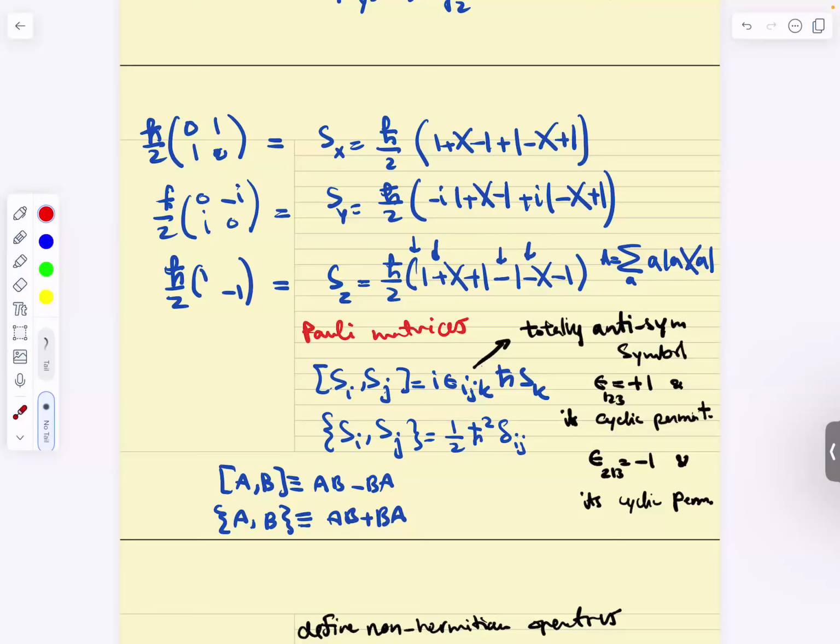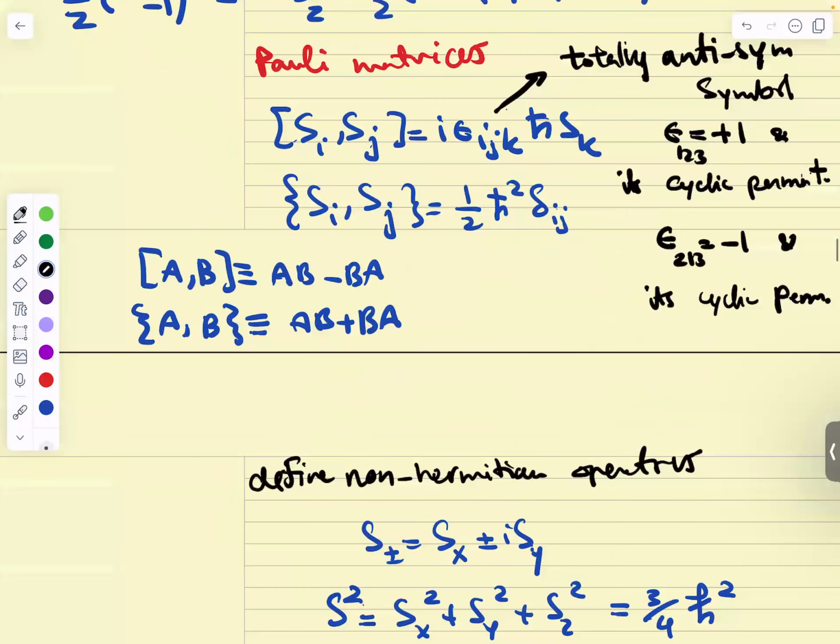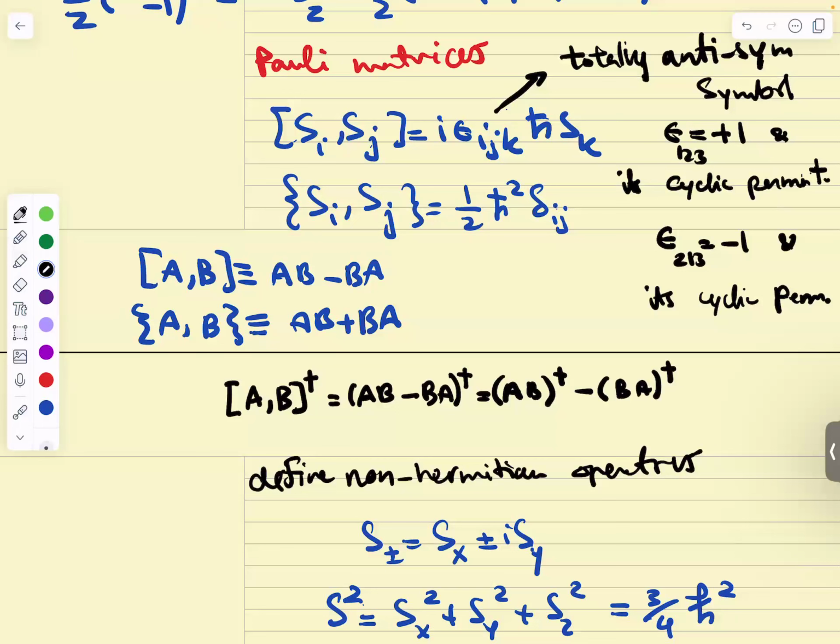Now, let's take the complex conjugate of this. Let me just write it here. I'm going to take the complex conjugate of the commutator, that is, of AB minus BA. If you recall, when you take the dagger, the order changes, the same as transpose. So this is B dagger A dagger minus A dagger B dagger.